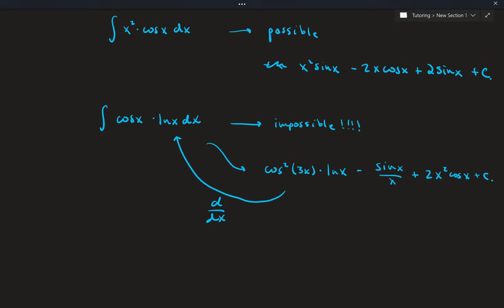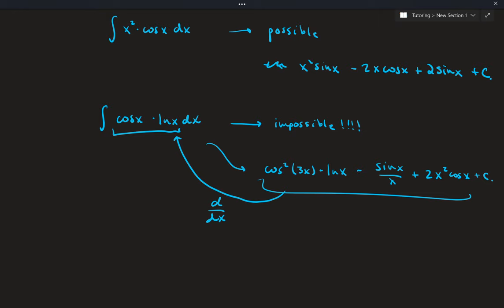This is way beyond the scope of the course, but you can actually prove that no combination of sines, cosines, ln's, square roots, cube roots, fractions, secants and tangents, e to the x, no combination, plus, minus, times, nothing that you could ever write down would ever have a derivative that is cosine x times ln x. So these integrals are impossible.